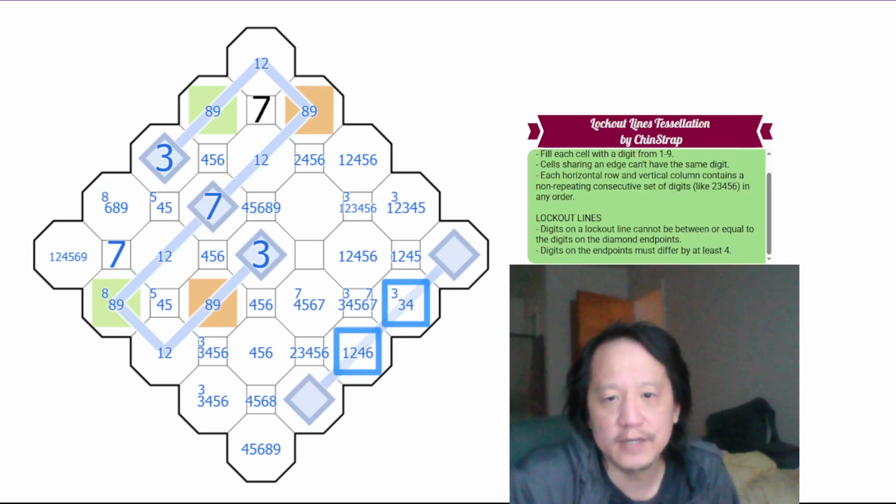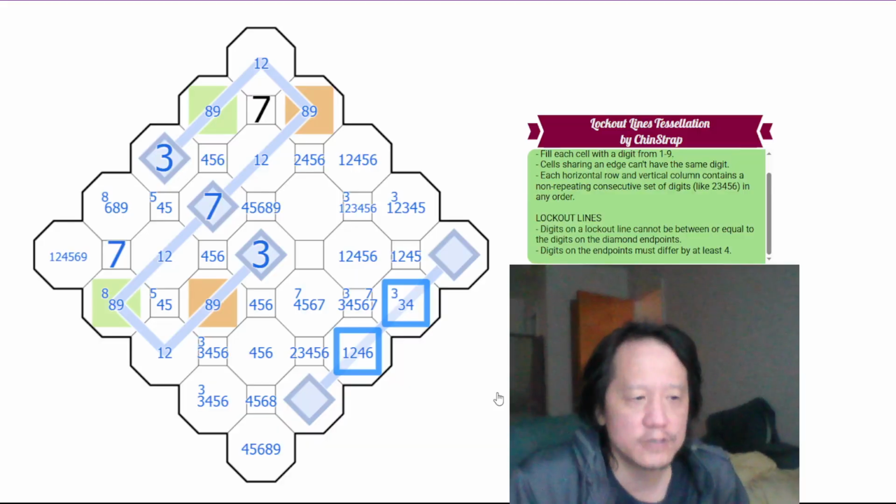Again, 5 cannot be on a lockout line for the reasoning we talked about. 3 can only be on a lockout line if it's 4 and 8, 5 and 9, or 4 and 9 as the edges.